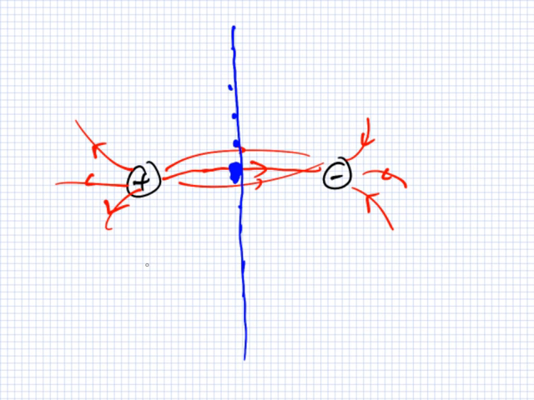Now look, when I'm very close to the positive, I can forget about the negative because it's far away. So the equipotentials near the positive would look the same as the first diagram I did. They would be circles. Likewise, they would be circles here.